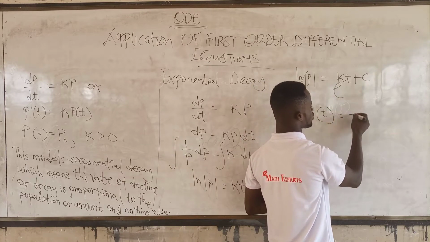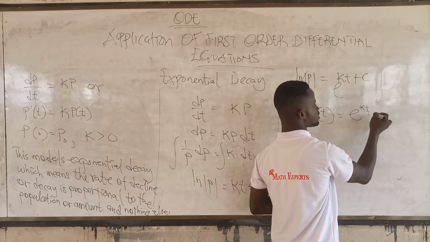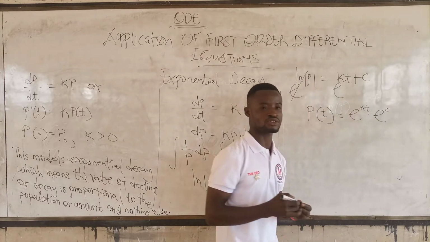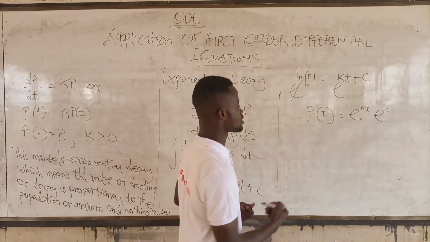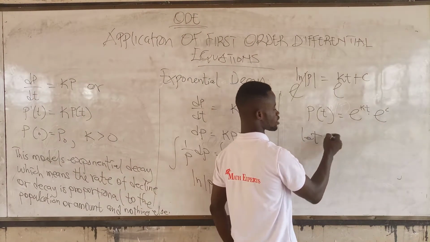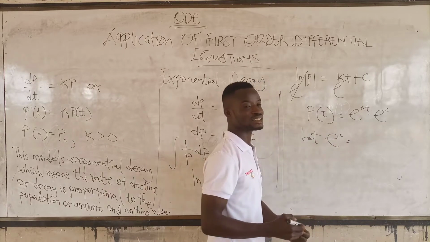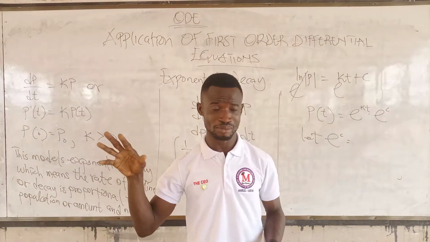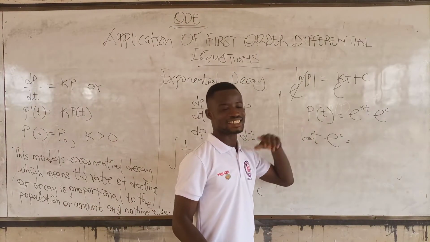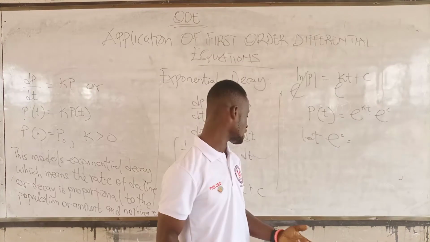Alright, and this one is going to be kt multiplied by e raised to the power c. This is algebra. Now with this, we can let e raised to the power c represent a constant. You know that e is a constant, and c here is a constant, so the whole of this is a constant.